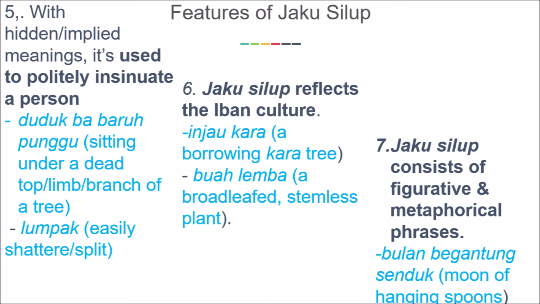People may say bulan bergantung senduk, or a moon of hanging spoon. What does it mean? To the Iban society, it means that that particular month is not quite a good month because they do not have enough food to eat at that time. So they have to make a frugal living by trying to economize, because that was the moon of hanging spoon.